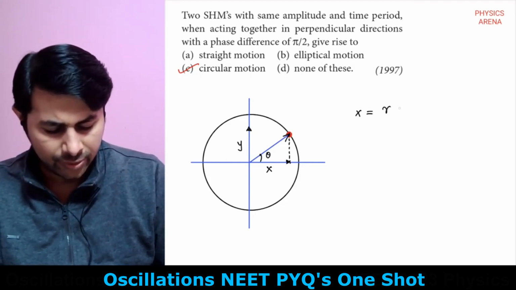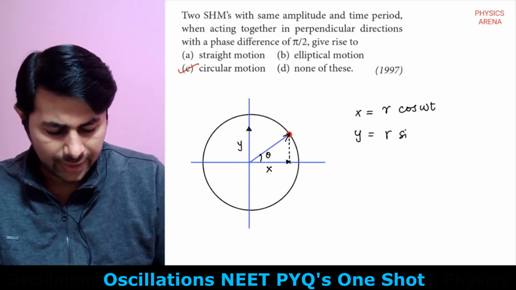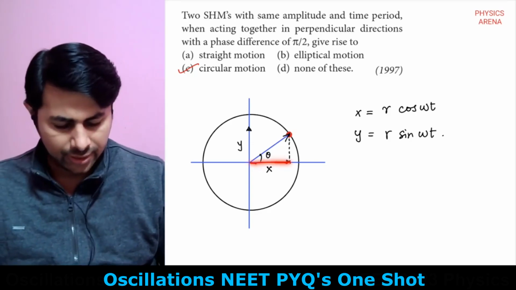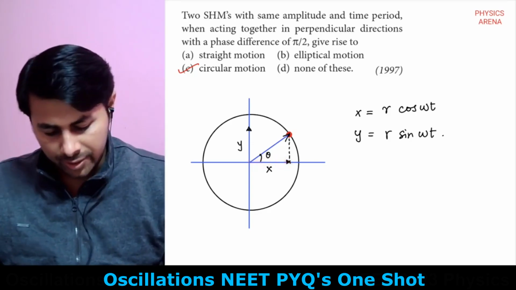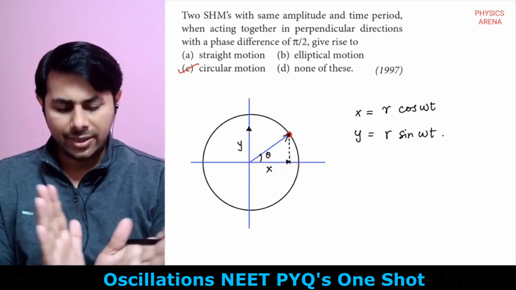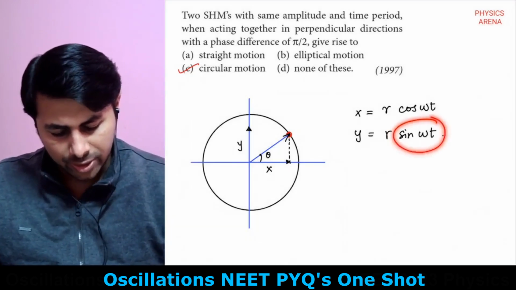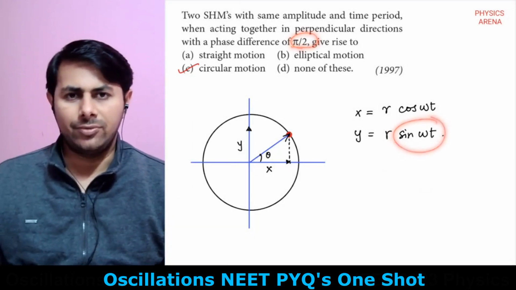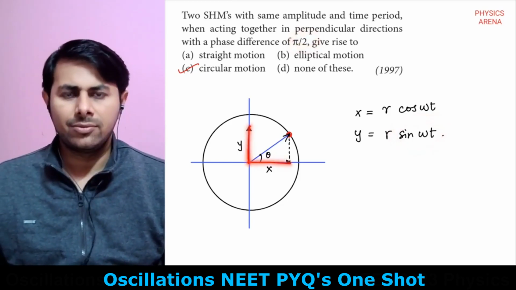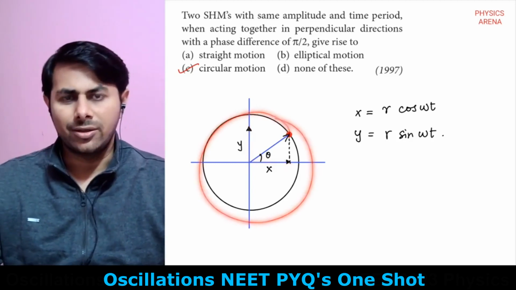So x is equal to r cos of omega t, and y is equal to r sine omega t. So x and y are two SHMs, right? They are acting perpendicular to each other, and we can see the phase difference between them is pi by 2. So these two combined SHMs give rise to circular motion.